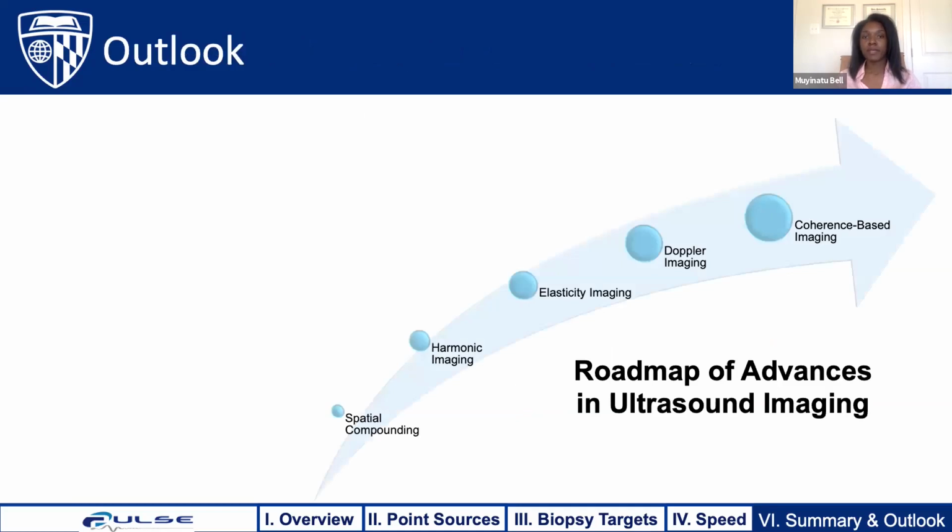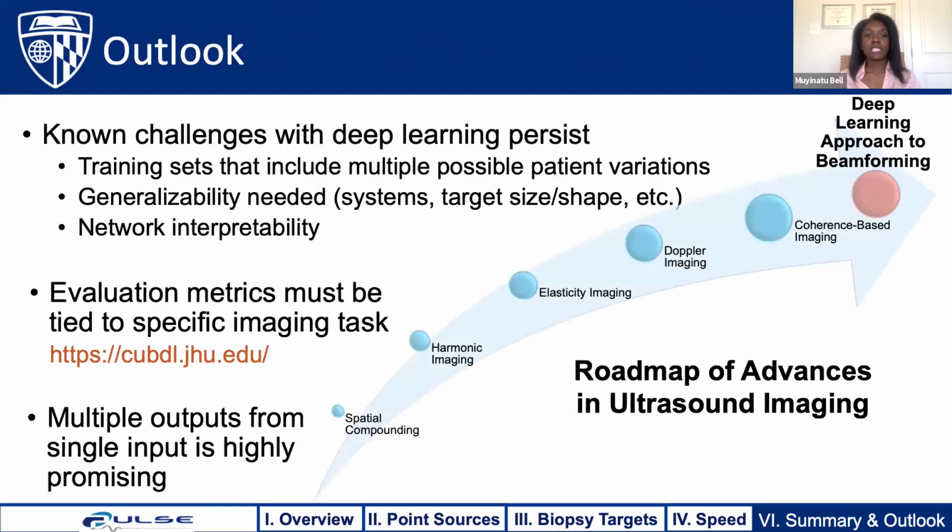And so if we return to what I call a roadmap of some of the major advances in ultrasound imaging, my outlook is that deep learning is now starting to be the next frontier. At this frontier, many of the known challenges with deep learning still persist. For example, we still need training sets that include multiple patient variations in order for these networks to work.